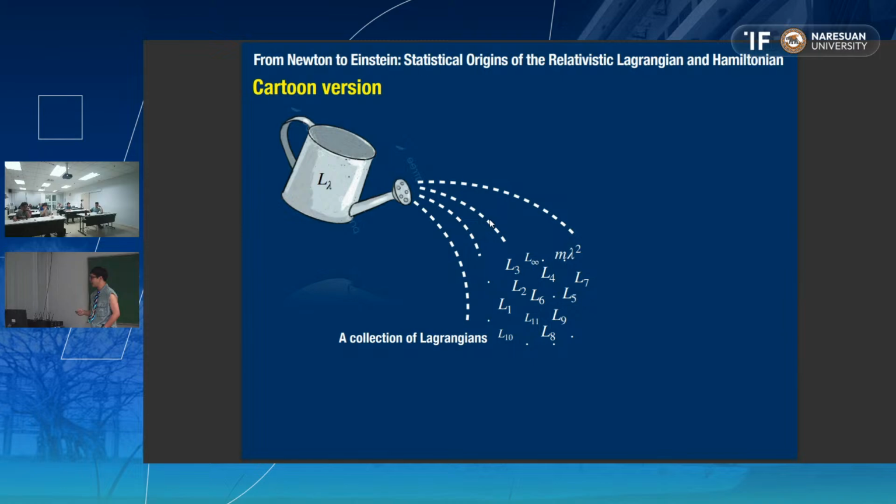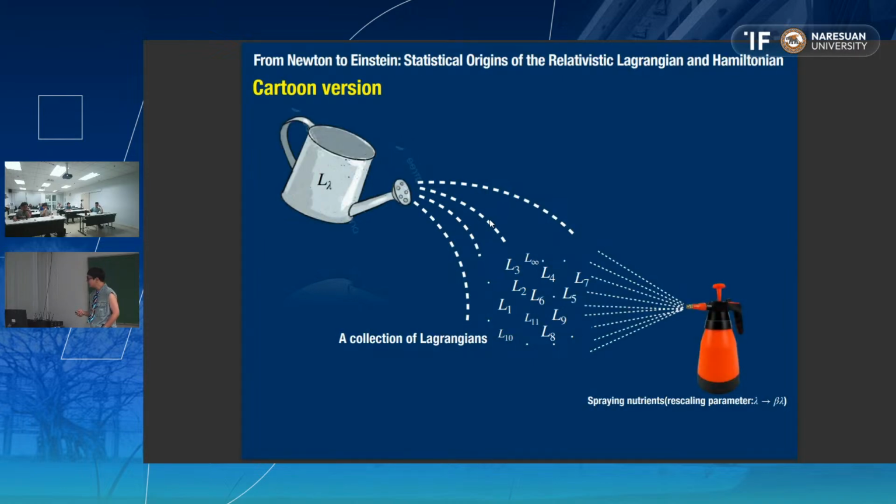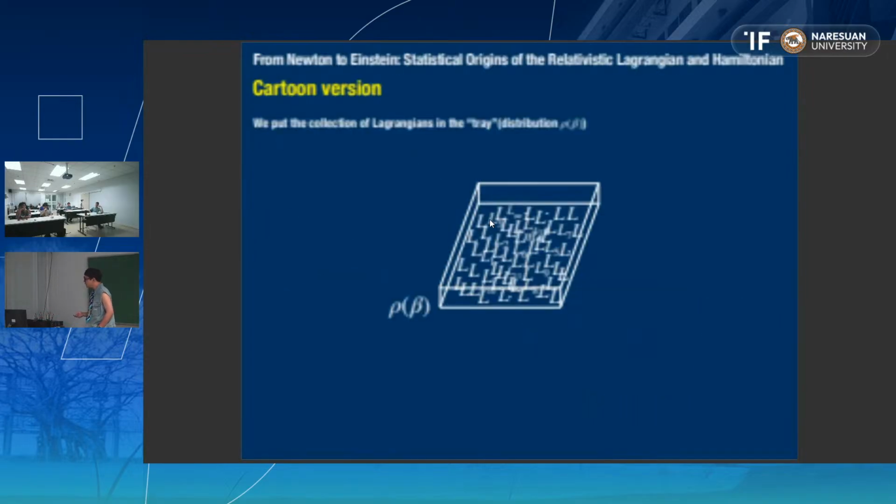The way we do it here means that we rescale the parameter, we do something a little bit with the parameter, and then we put all the Lagrangians in the tray, which I portray as the distribution.